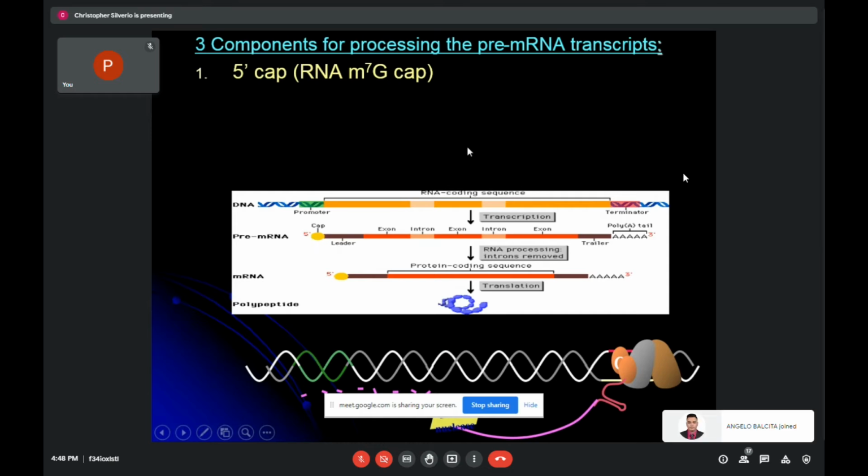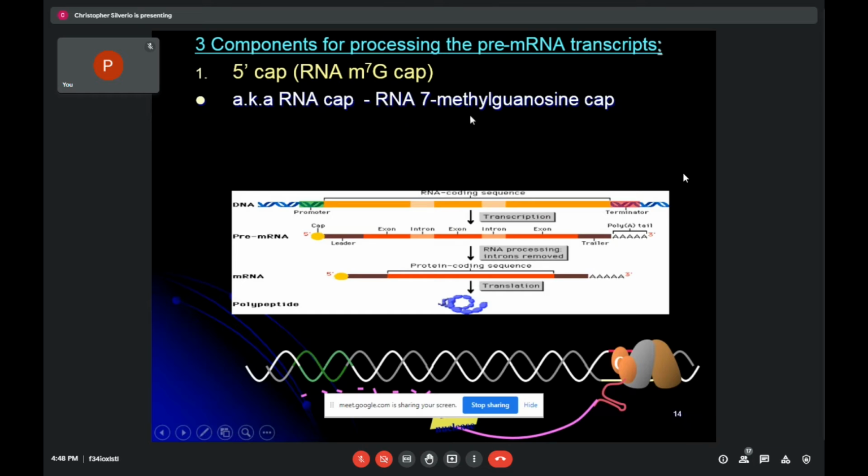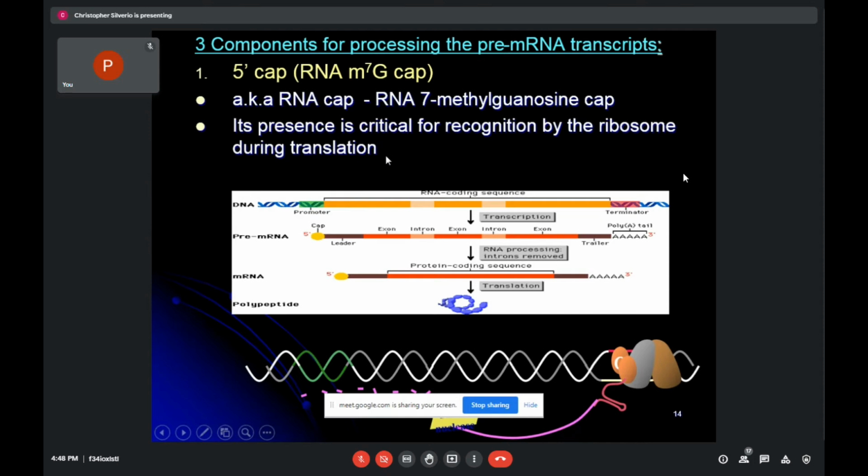And what is the significance or importance of this RNA 7-methyl guanosine cap? Its presence is critical for recognition by the ribosome during the translation process. Okay? That RNA 7-methyl guanosine cap is very important for recognition by the ribosome during the process of translation.